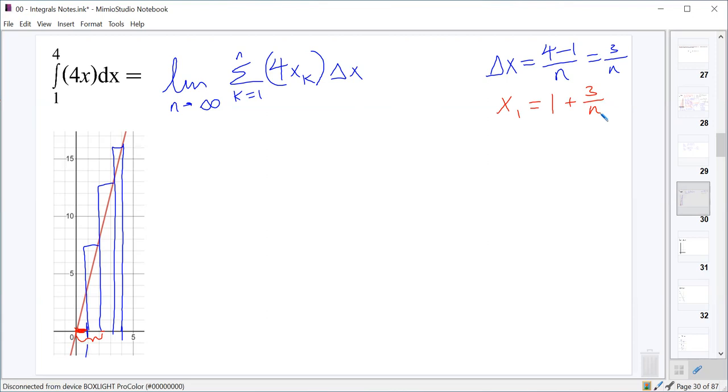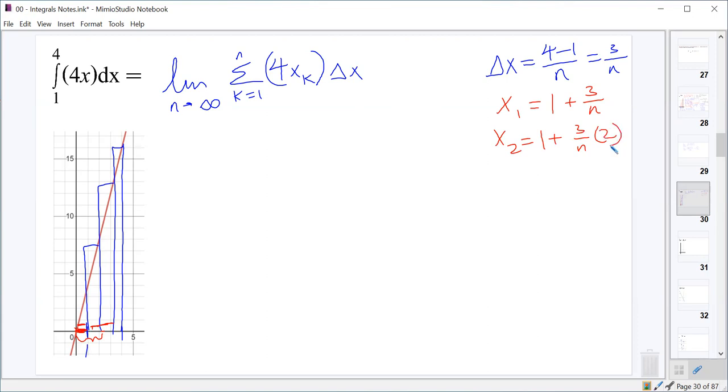And for the second one, I'm going to have to go over 3 over n twice, one for each of those subintervals. I've got 2 subintervals now. But then after that, I've also got to do that little 1 that I had at the beginning. So x sub 2 is going to be 1 plus 3 over n times 2.